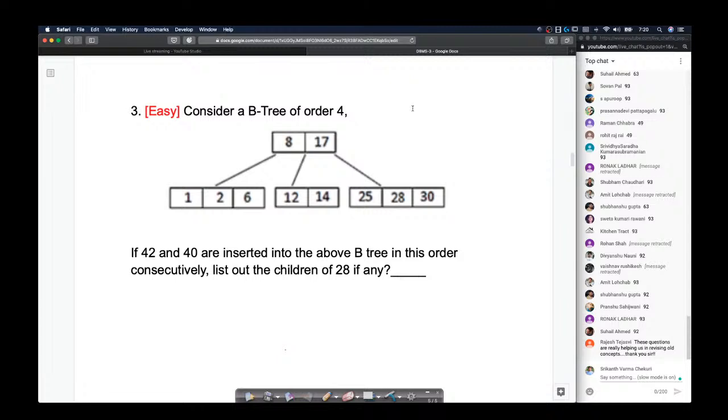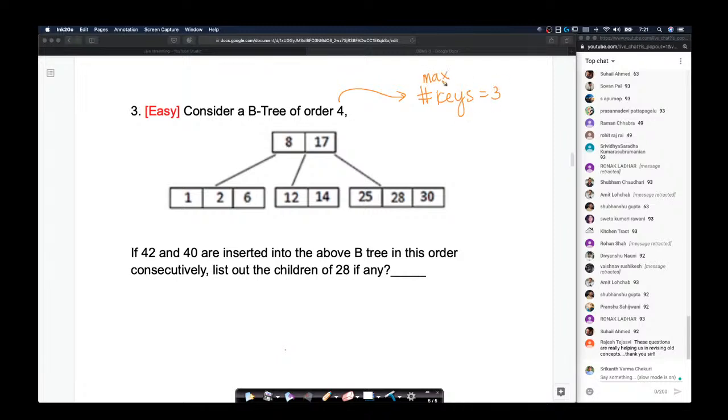Again, this is a B tree of order 4. For those of you who may get confused, if order equals 4, that implies that the maximum number of keys is equal to 3.